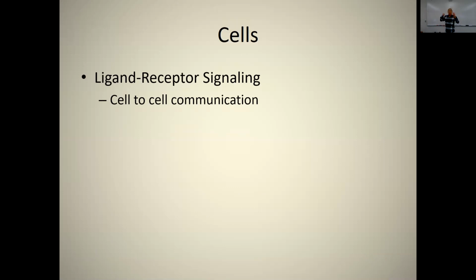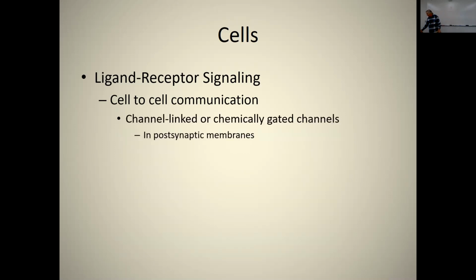So there are signaling molecules that are sent out. They're called various things. In the endocrine system, we're going to call them hormones. In the nervous system, we're going to call them neurotransmitters. It all depends on how far they travel to bind to their receptor. So it's cell-to-cell communication.